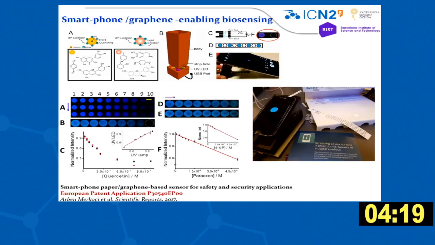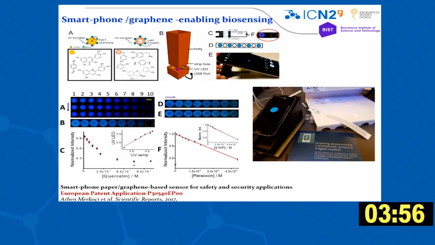And this is really very important because for contaminant detection, you don't need to find exactly what molecule is there, because in water you may have thousands of contaminants. It's very important to find out whether the water is contaminated, and can be used or not. So detection of families of compounds is really very important.